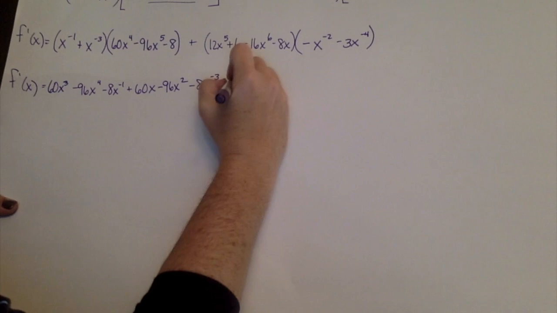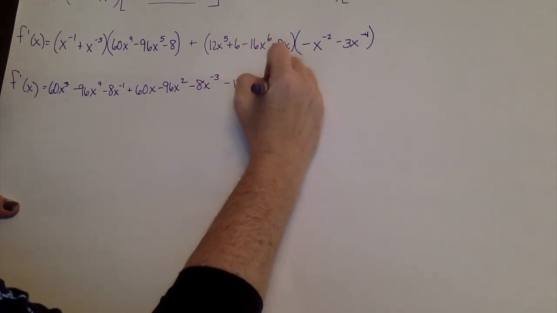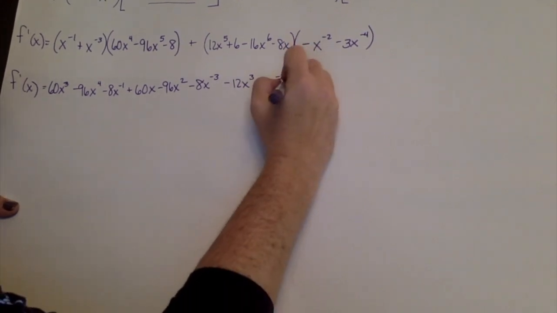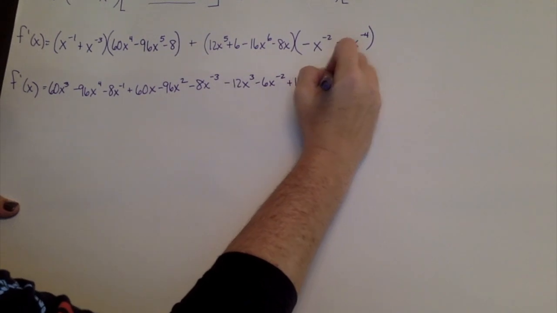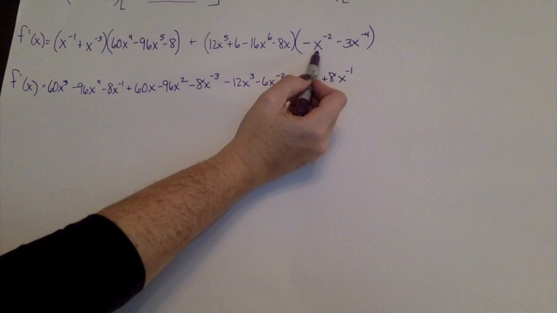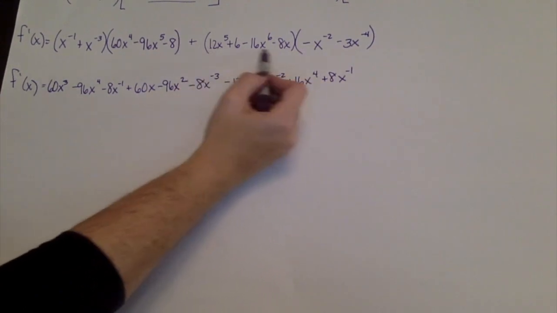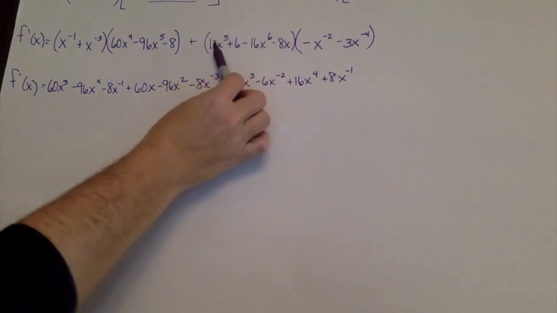So we're going to get negative 12x cubed minus 6x to the negative second plus 16x to the fourth and positive 8x to the negative first. Okay, that was negative x to the negative second times each of those terms. Now I'll do negative 3x to the negative fourth times all of these.